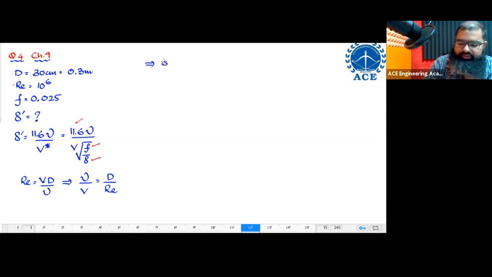This implies delta prime is equal to 11.6 divided by root over of F upon 8, multiplied by, in place of nu by V, D upon Reynolds number.